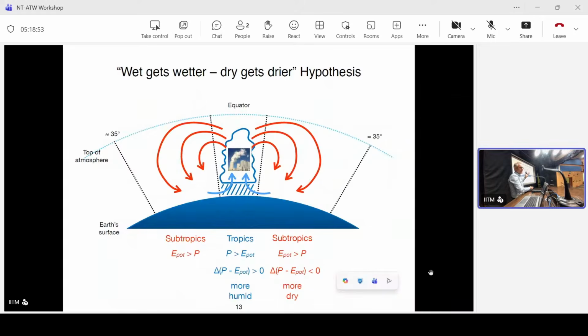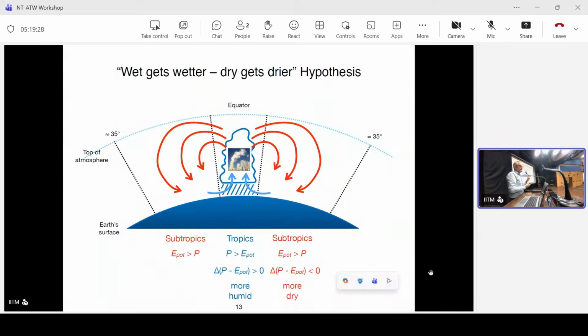One can also understand the "wet gets wetter and the dry gets drier" hypothesis from Held and Soden, because when you have 7% more water vapor in the atmosphere, your tropical circulation should actually increase. Before lunch, we saw the talk about the ITCZ and that climate models typically show a decrease in the Hadley circulation, if I recall correctly.